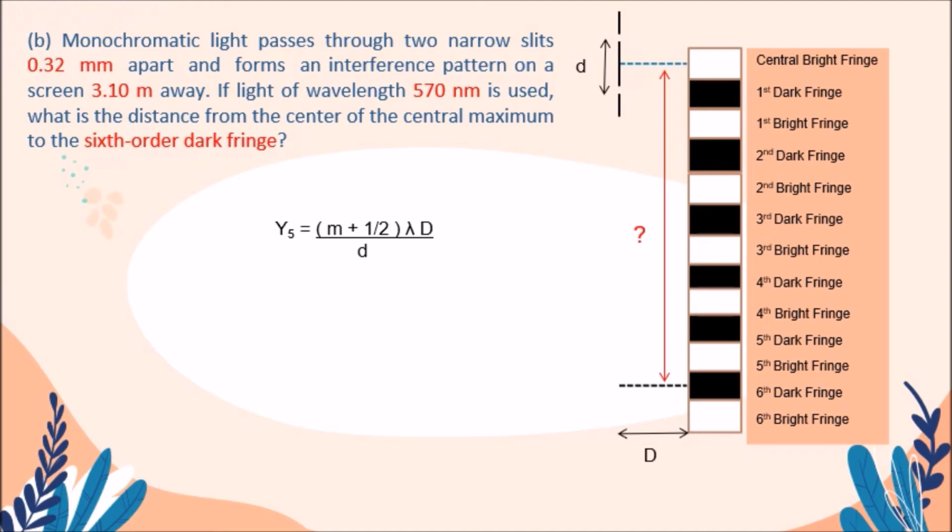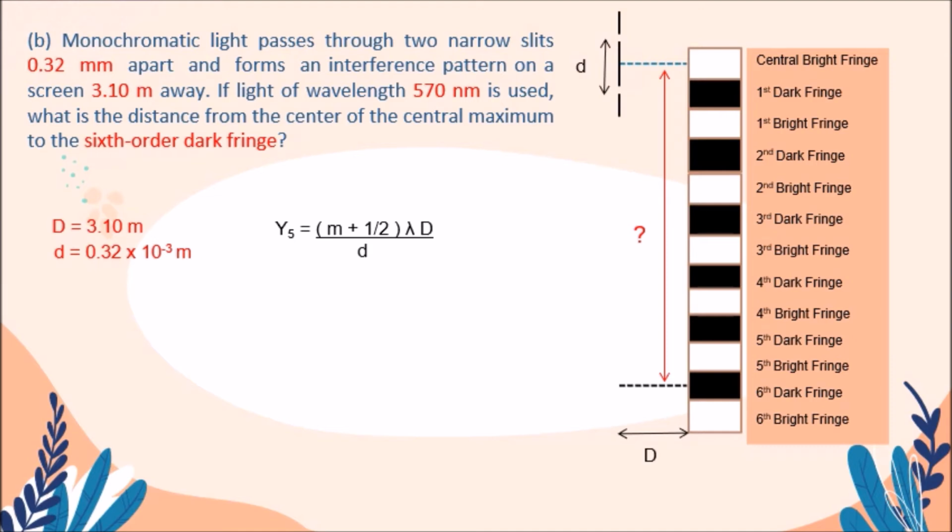From the question, we gather the information, which is distance between slit and screen is 3.1 meter, and the separation between double slits is 0.32 millimeter. We will convert it to meter, so it will be 0.32 times 10 to the power of negative 3 meter.